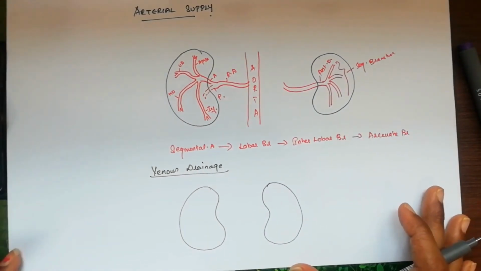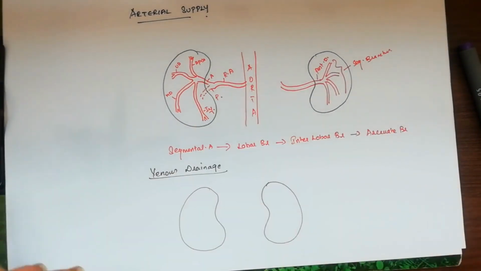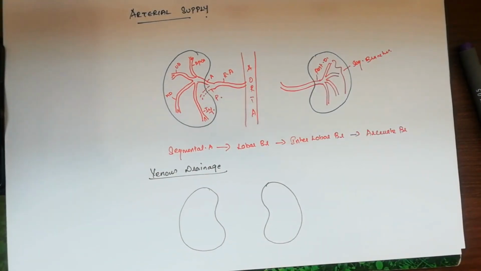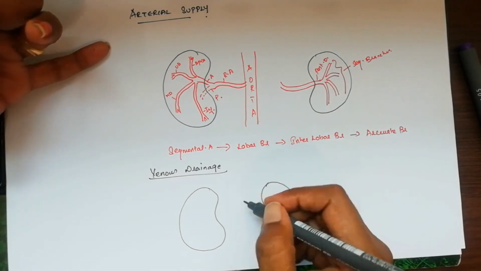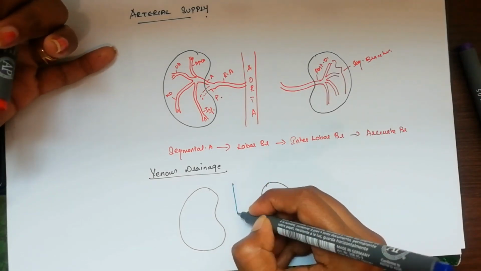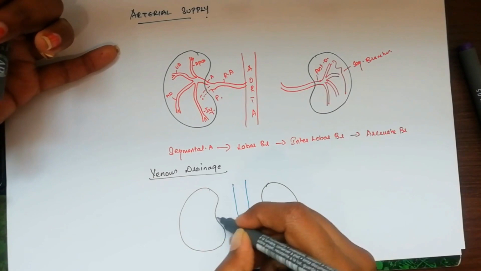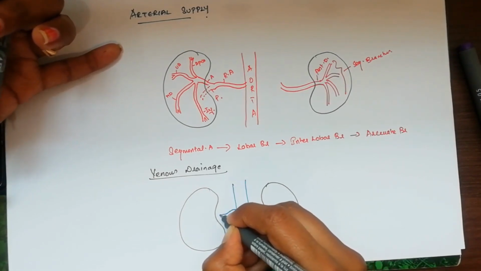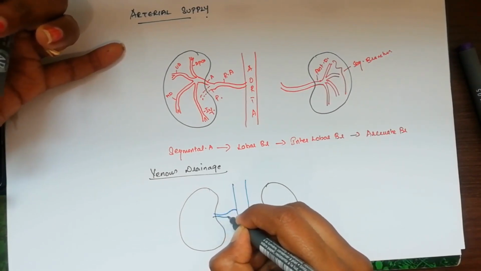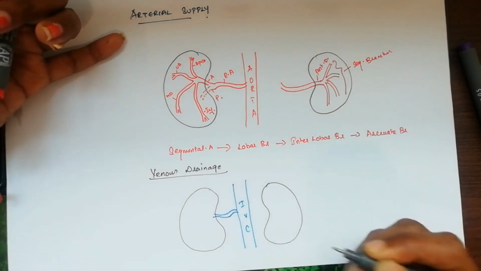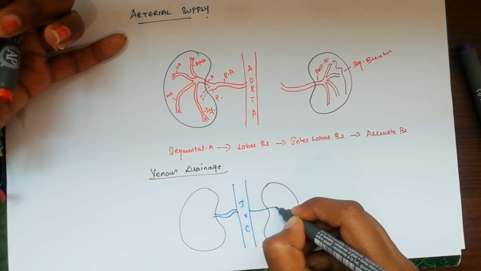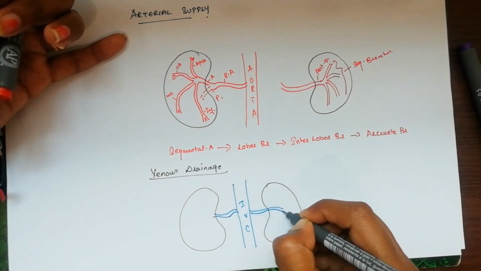The thing we have to notice is that the right renal vein is comparatively smaller when compared to the left renal vein. The inferior vena cava is seen more towards the right side. So the renal vein coming from the kidney and draining into the inferior vena cava is smaller on the right, and the left one will be larger.